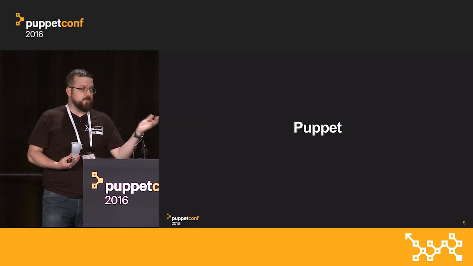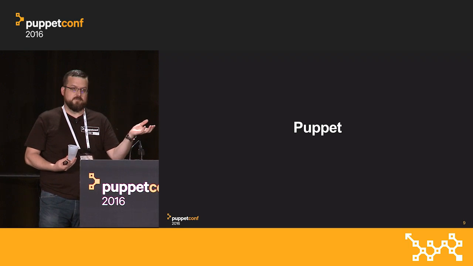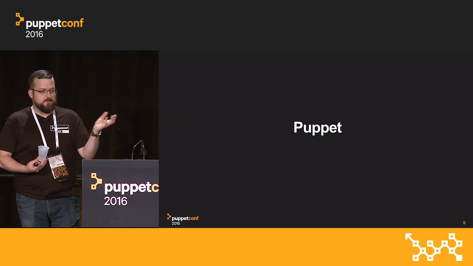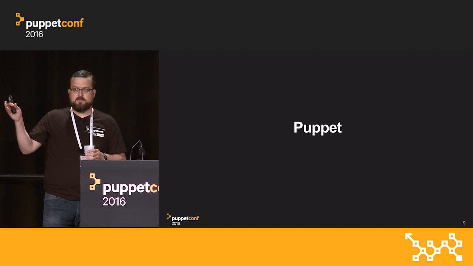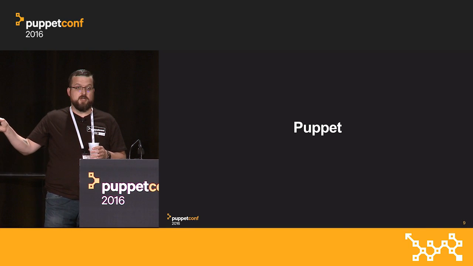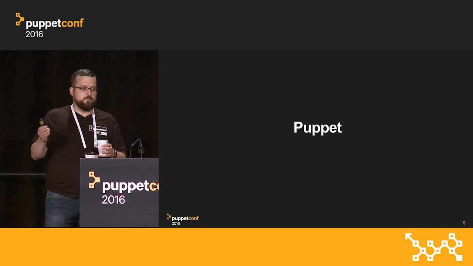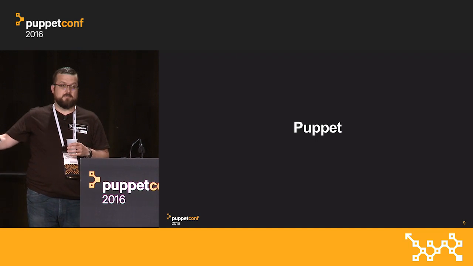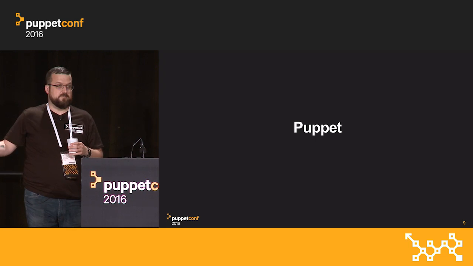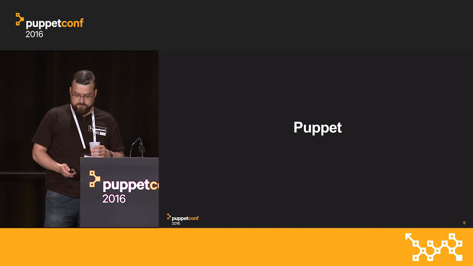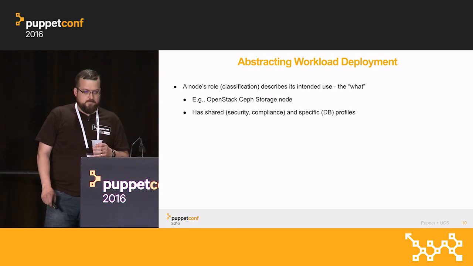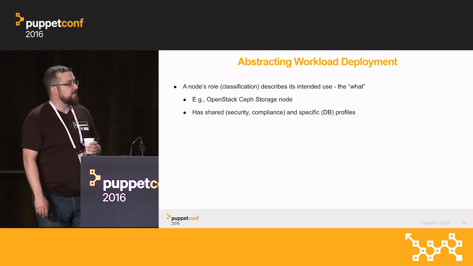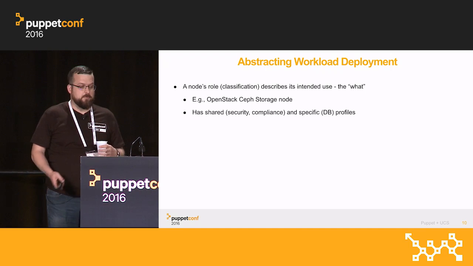I need my hardware configured with UCS and UCS Manager, and then I need the operating system so Puppet can do its job. Who makes that decision to put the right operating system on the hardware and then pass that data on to Puppet so then Puppet can figure out what it's supposed to do with the server once it checks in and is configured. So one of the things about this is being able to abstract the workload deployment.